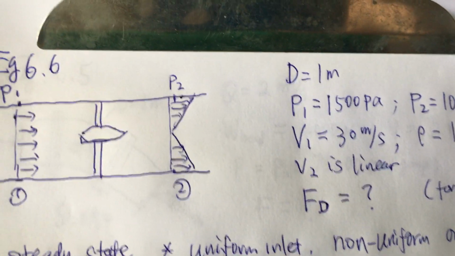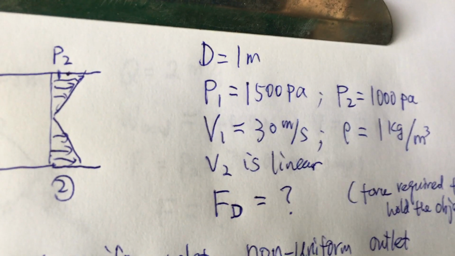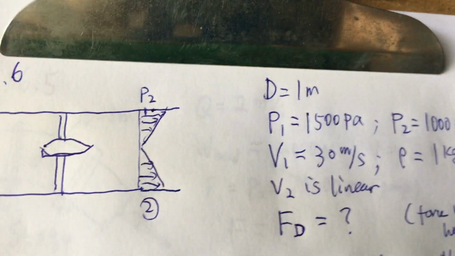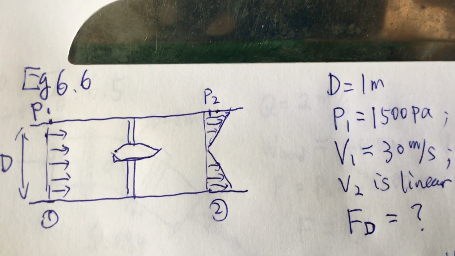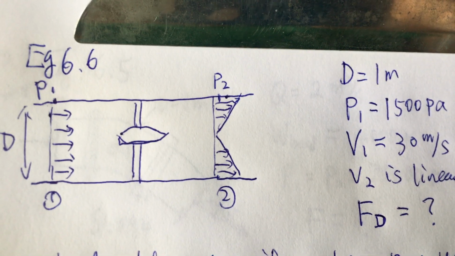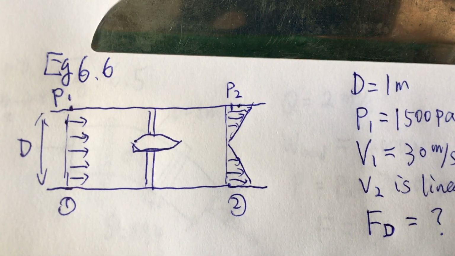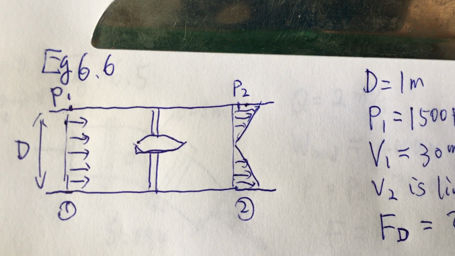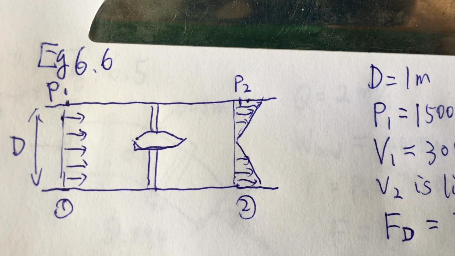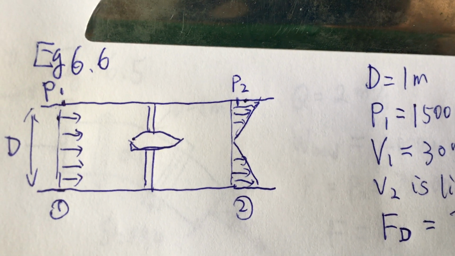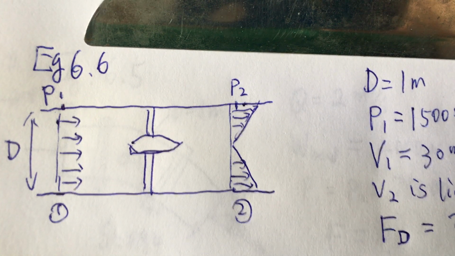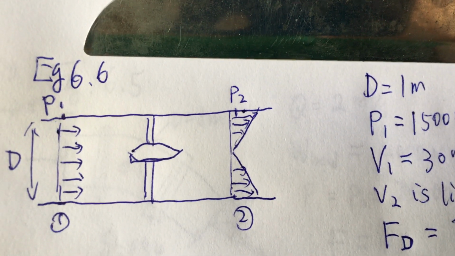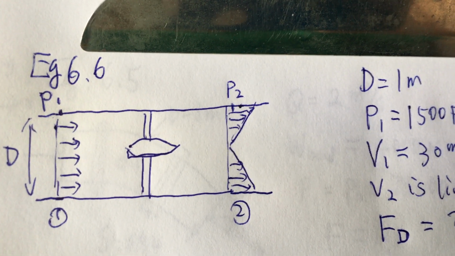So the question is to calculate the force required to hold this object in place. The magnitude of the force required to hold it is just equivalent to the drag force on this object, right? The direction will be opposite. The force holding it should be towards the left, but the drag force is actually to the right.